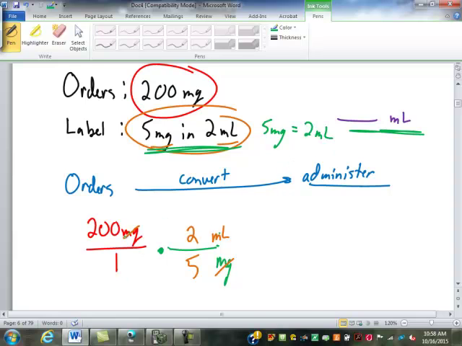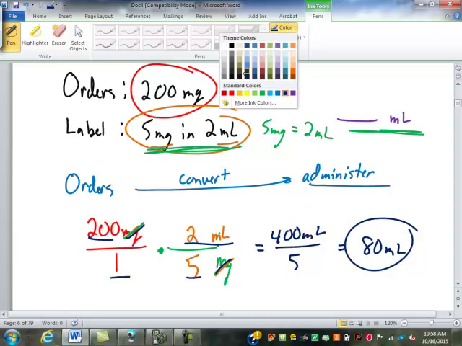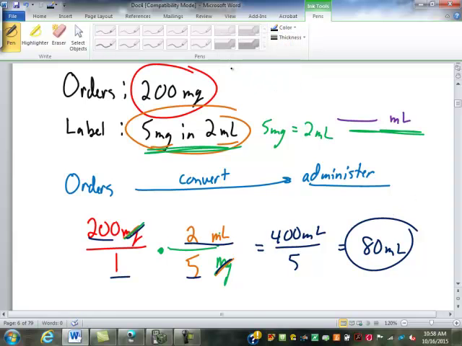So the milligrams do cancel out. We've got 200 times 2 milliliters is 400 milliliters. 1 times 5 is 5, and that divides out to be 80 milliliters. So we would administer to that patient 80 milliliters of medication.